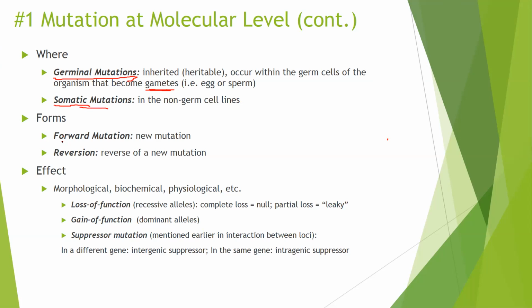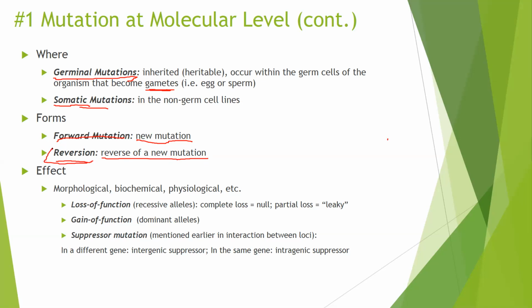And the mutation could be a forward mutation, which means the mutation can result in a new mutant phenotype, or the mutation can be a reversion, which means there's a mutation, and then another mutation can reverse the first mutation, right? The reverse of the new mutation.